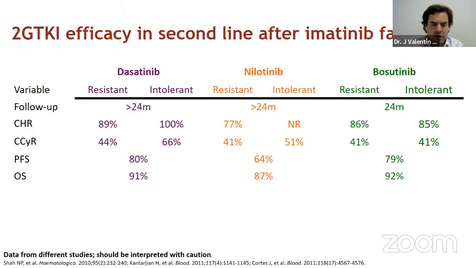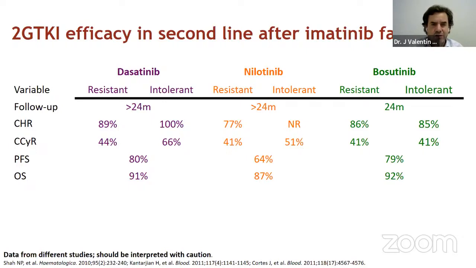The good news for those patients that fail imatinib in the first-line setting is that we have approved up to 3 different TKIs: dasatinib, nilotinib, and bosutinib. And it is not a big deal which treatment we use, because the probability of obtaining optimal response is quite similar among all these treatments.